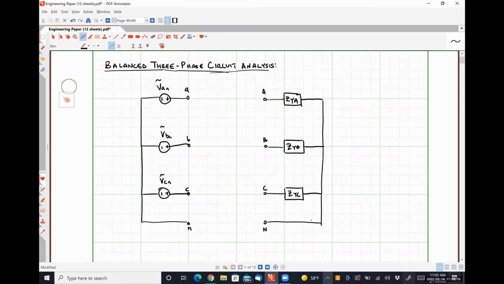And connecting our source to our load will be a network of transmission lines, having impedances of ZWA, ZWB, ZWC, and ZN.